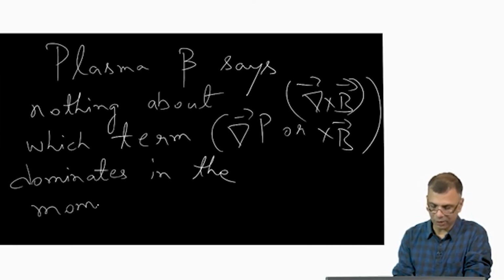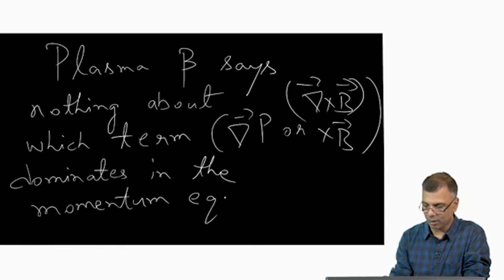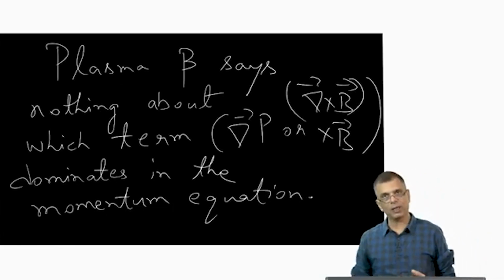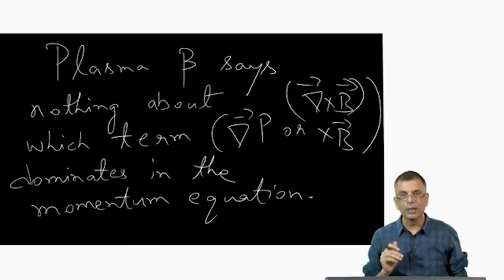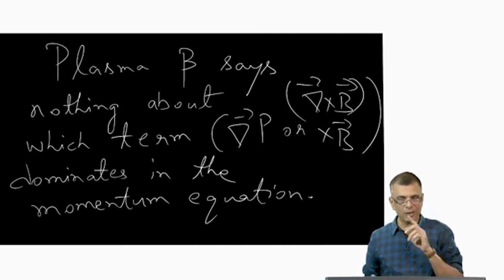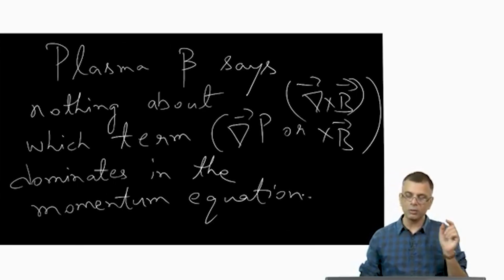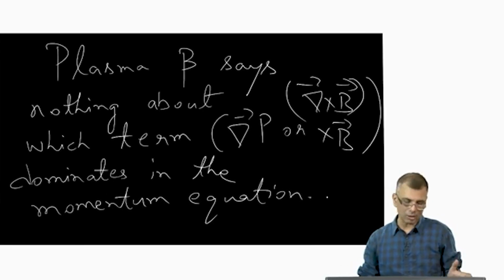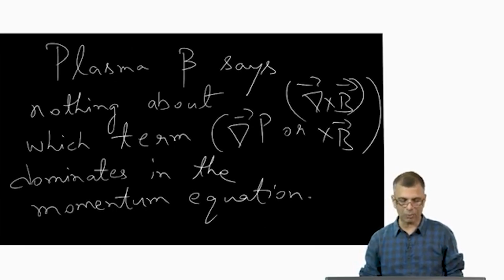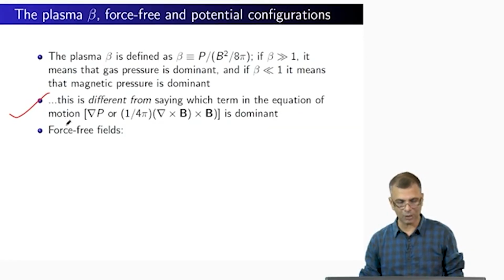So, this is something that needs to be kept in mind quite clearly. The plasma beta is a very useful parameter, do not get me wrong, okay. It is a very useful parameter, but simply knowing the plasma beta does not mean that you know which term to neglect, or consider, in the force equation, in the momentum equation. So, that is what I meant.